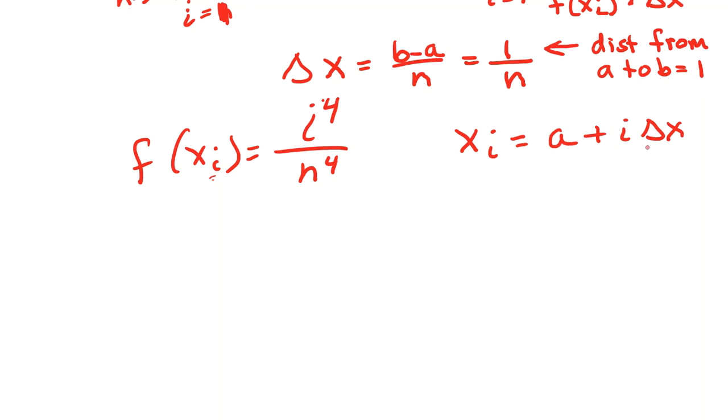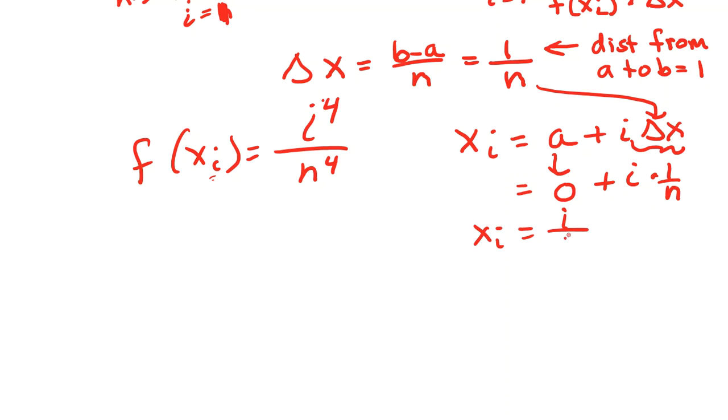Well, our delta x, we just came up with an idea that our delta x value was 1 over n. So our a value here must be a 0. There isn't one. So what would be f of x sub I? If x sub I is I over n, what are we doing to it? It looks like f of x must be taking the value to the 4th power.